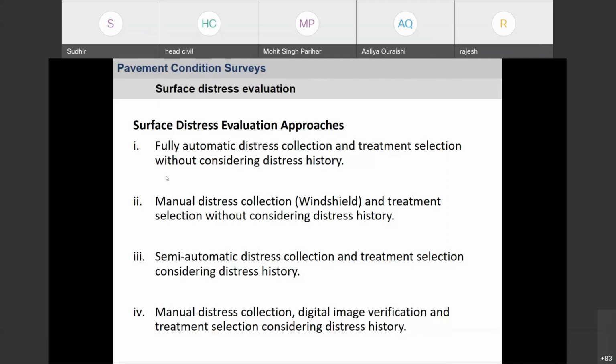And in addition to that, also to have digital images to verify the manual distress collection, and then selection of treatment type considering the distress history. Okay. So usually if you look at the transportation agencies around the world, they select one of these methods in their pavement management system.